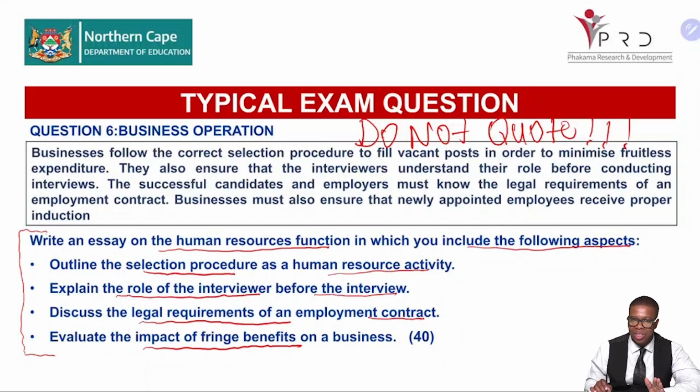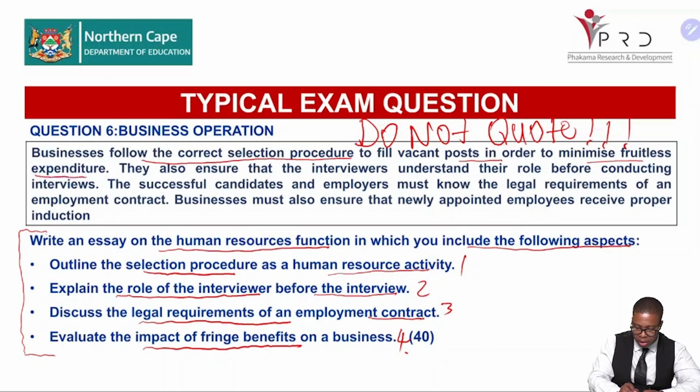Do not quote the preamble. Do not use whatever information is in the preamble in your introduction or in your conclusion or to answer these 4 sub-questions, which are 1, 2, 3, and 4. Now, the preamble says the business follows the correct selection procedure to fill vacant posts in order to minimize fruitless expenditure.